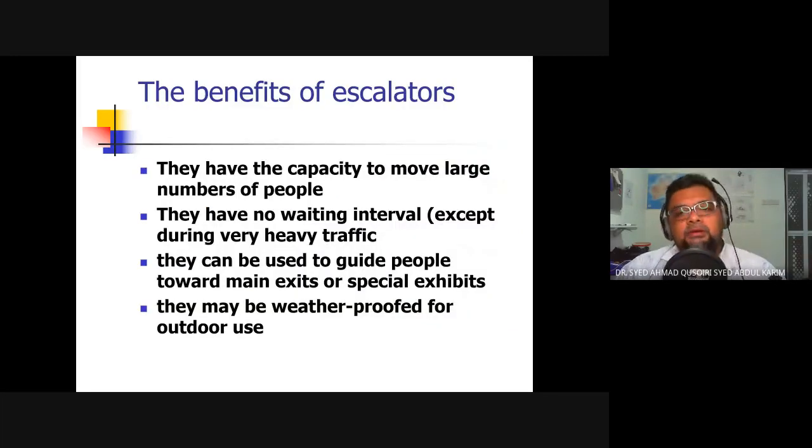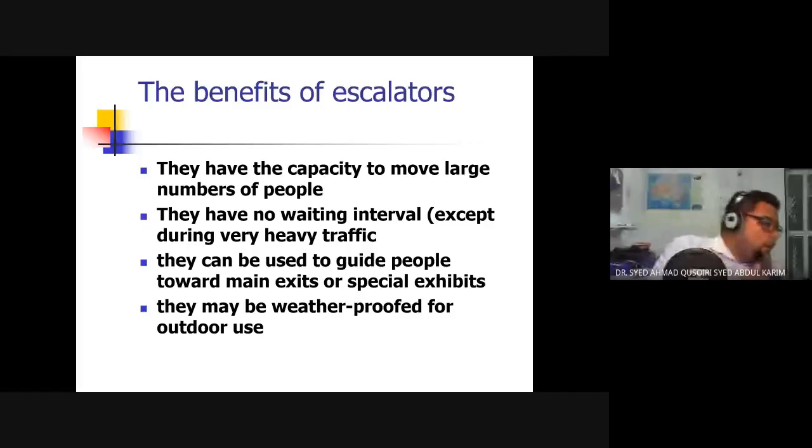The benefits of escalators: they have the capacity to move a large number of people in any given time. Depending on the specification of the escalator, it is usually a lot more than elevators.